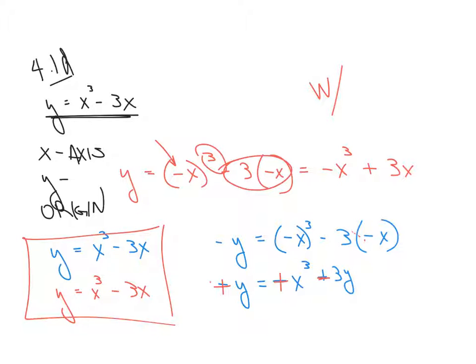So therefore, it is equivalent to the original and is therefore symmetric to the origin. And because it's symmetric to the origin, it makes it an odd function. So an even function is symmetric to the y-axis. Odd means it's symmetric to the origin.